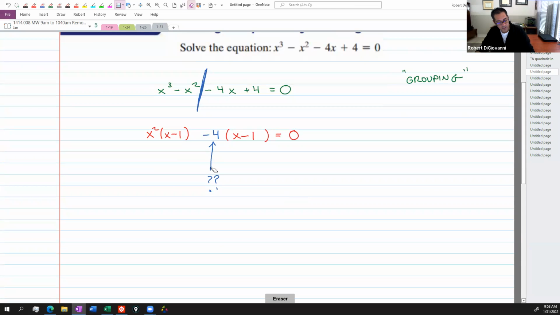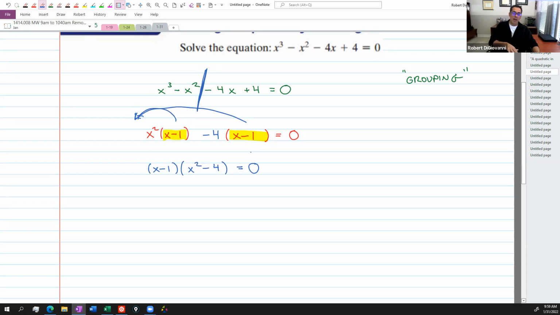Once we're here, we notice that these 2 things match. If those 2 things match, then we can factor it out. We can pull the x minus 1 out of the 2 terms, and then what will be left is whatever was in front of the 2 terms.